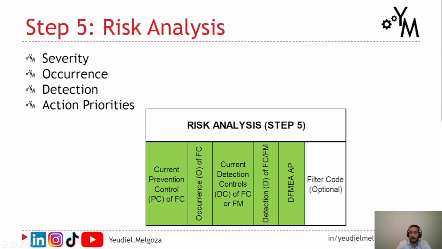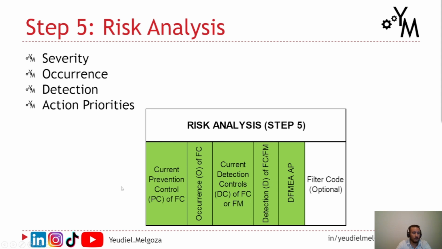And the detection score is the rating of how the current controls will detect the failure cause. So this is based on the standard tables that are part of the handbook of the DFMEA AIAG-VDA methodology.